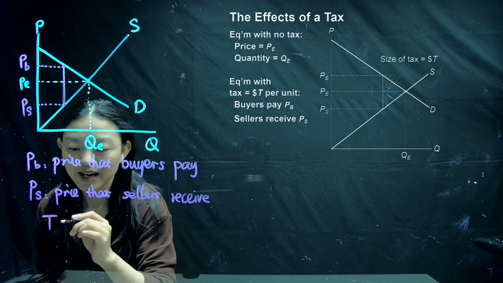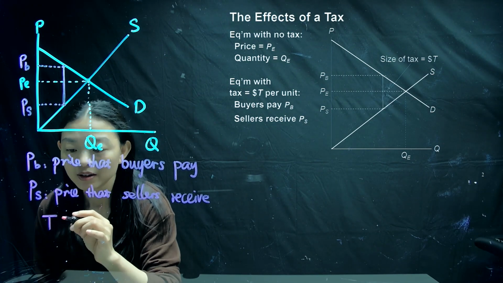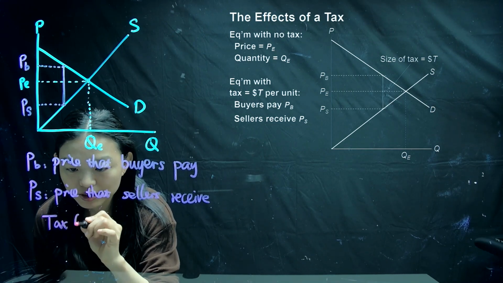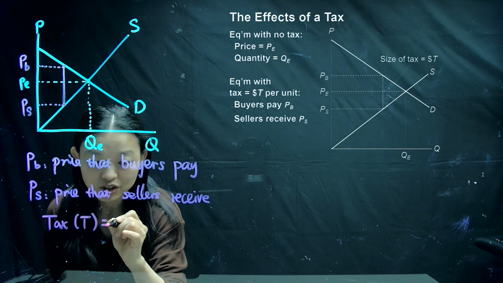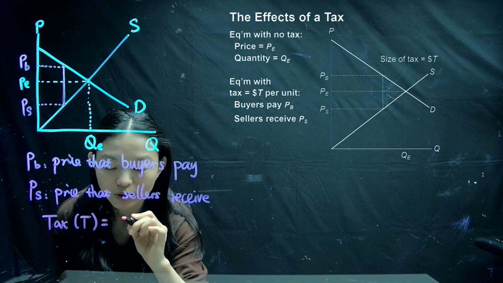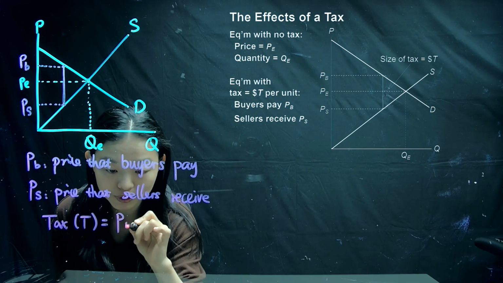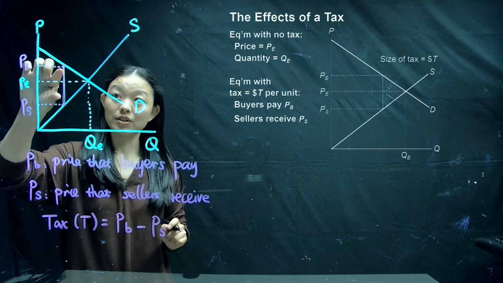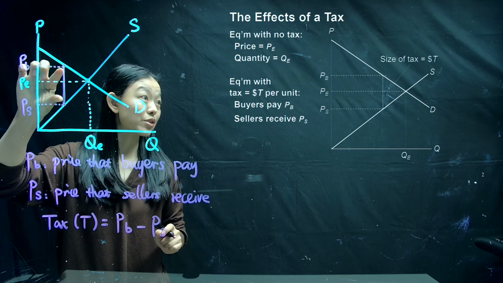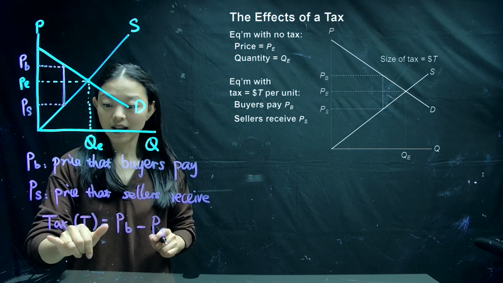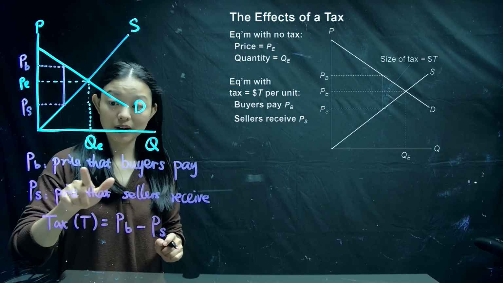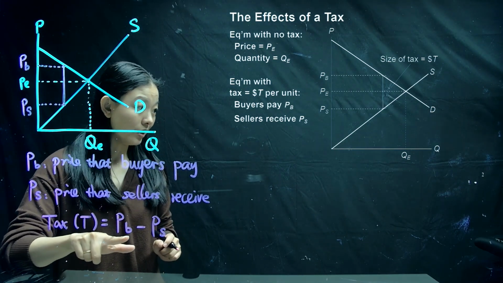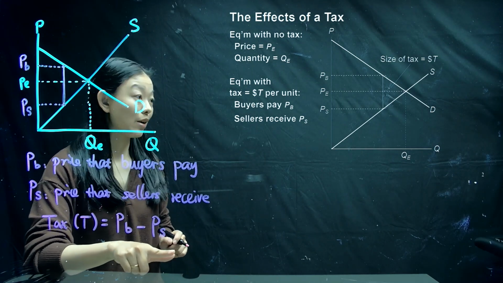So here you can notice, based on this graph, the tax, which I use T to represent, is the difference between PB and PS. This vertical distance measures the tax. The tax equals the price that buyers need to pay minus the price that sellers receive.